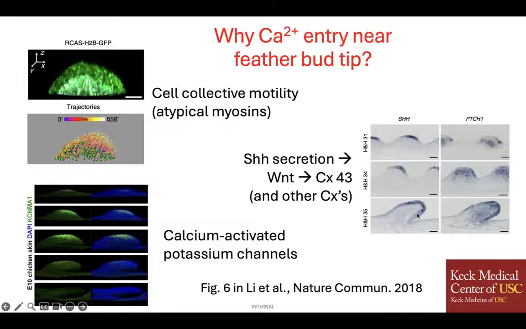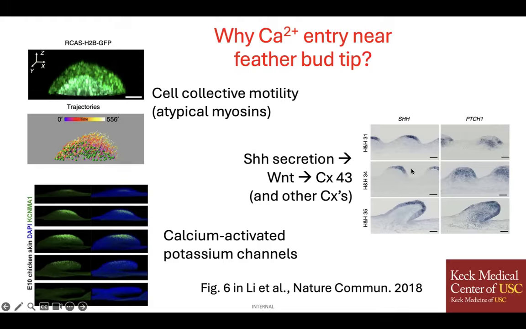The other reason why the calcium entering the tip is a big deal is that, as you can see here in the in situs, the sonic hedgehog expression is confined pretty much to the epidermis right at the tip of the feather bud. Okay. And the receptors are located deep to that, but also in the epidermis.